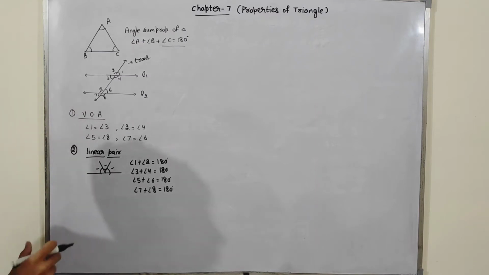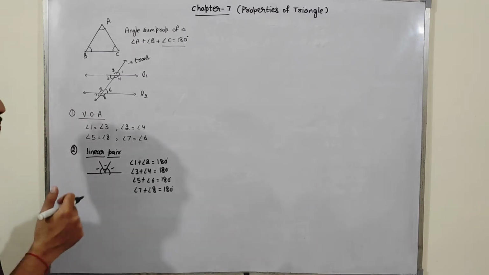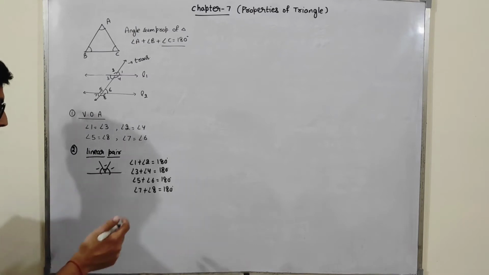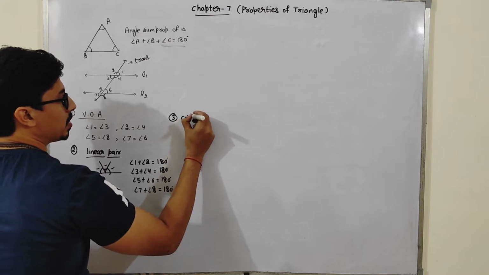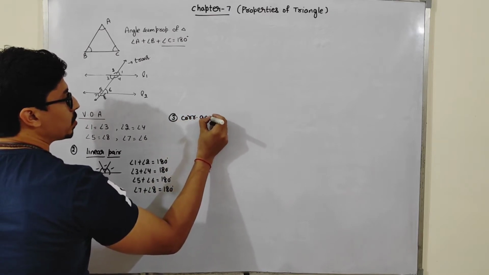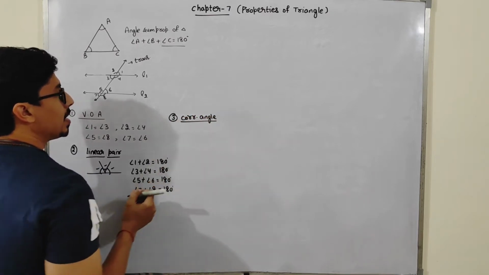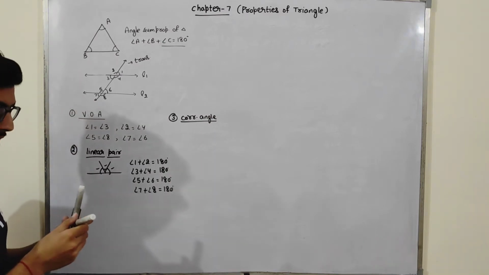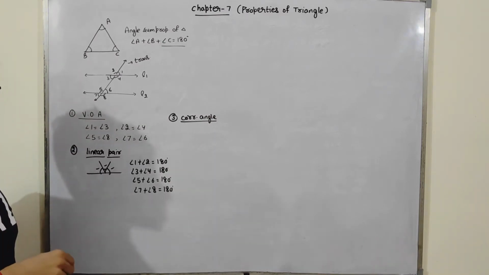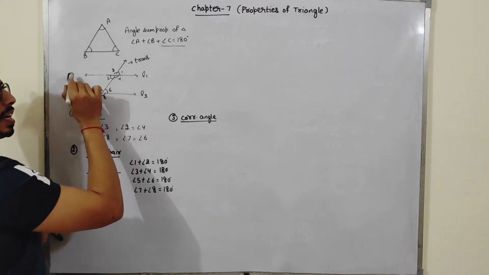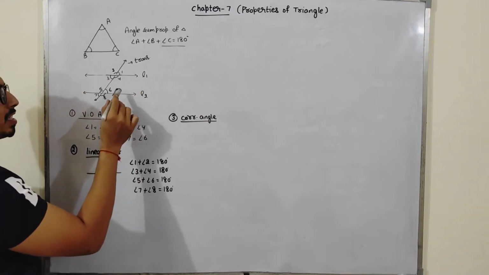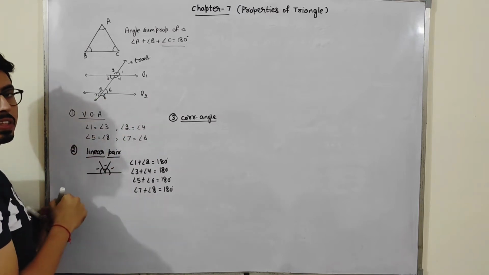Now, students, let us discuss the corresponding angles and the alternate angles. The third one is the corresponding angles. Corresponding angles, students, are angles that are with the different parallel lines but are on the same side. See, this angle 1 is with the first line and this angle 6 is with the second line.